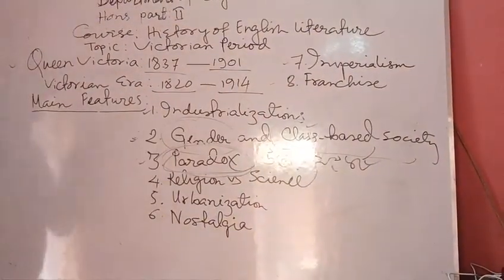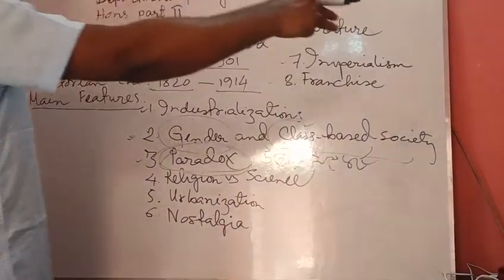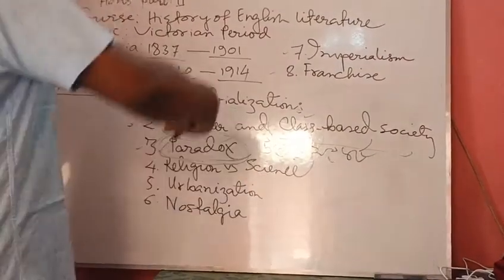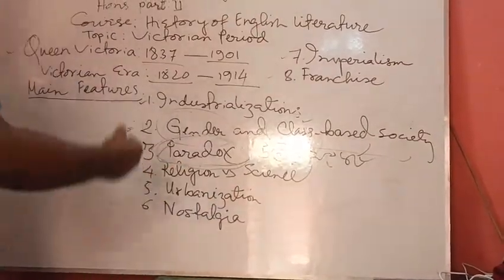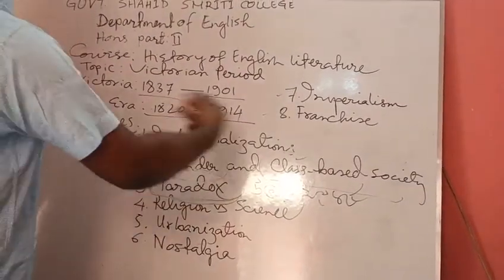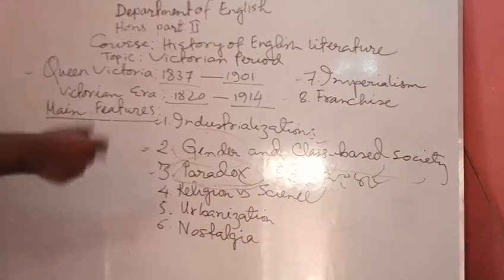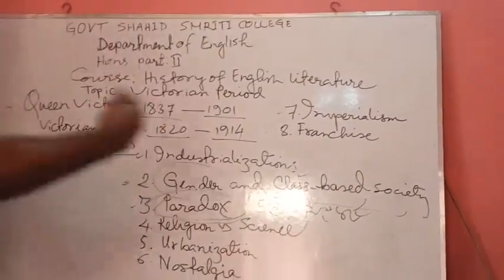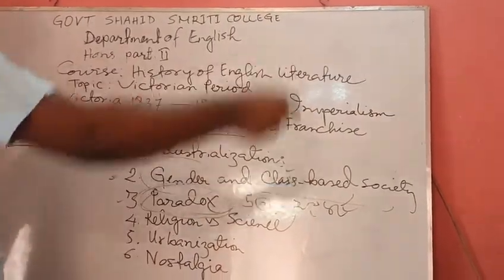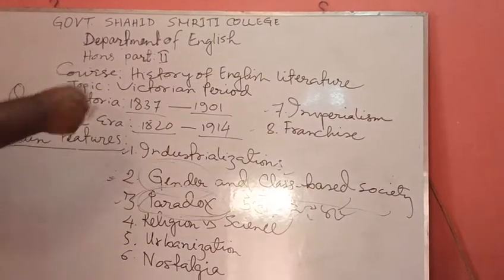Actually, they were stepping up in terms of science, in terms of inventions, in terms of improving their lifestyles, in terms of expanding their territories out of England, and they established lots of colonies across the world. Their views of life also started changing.